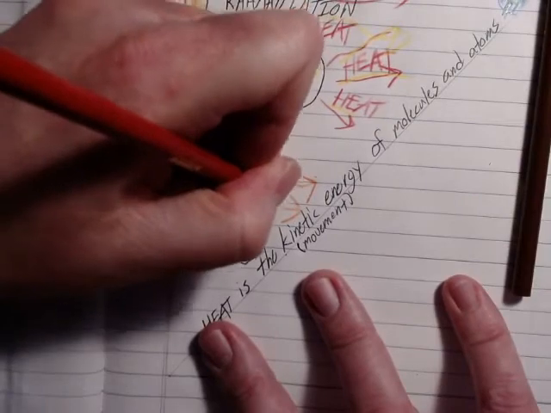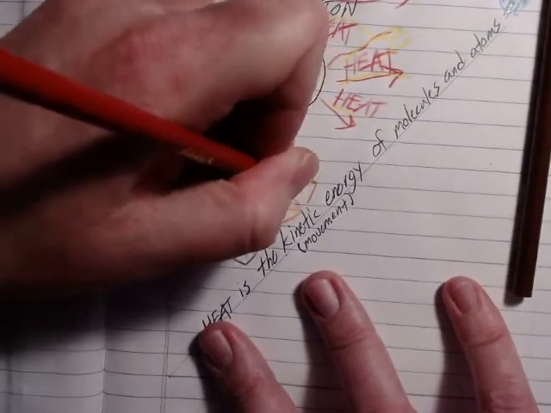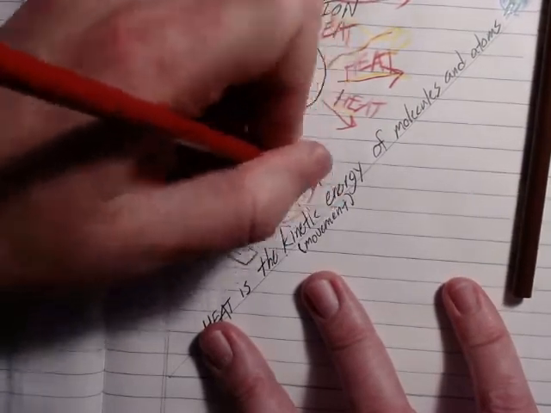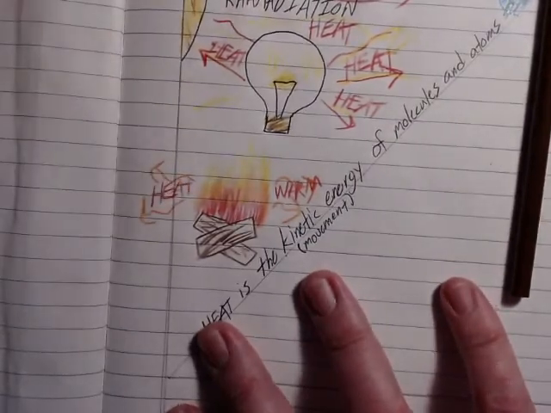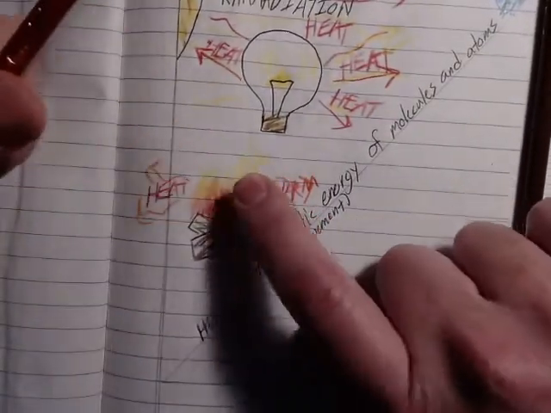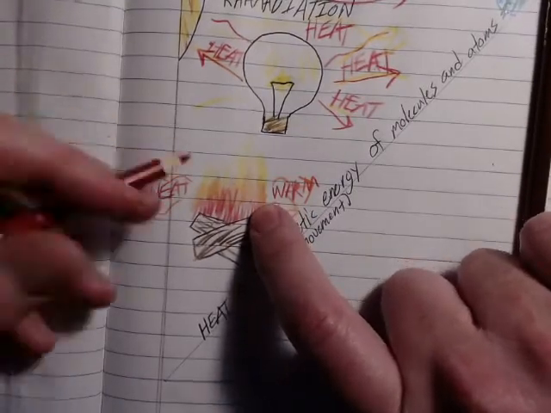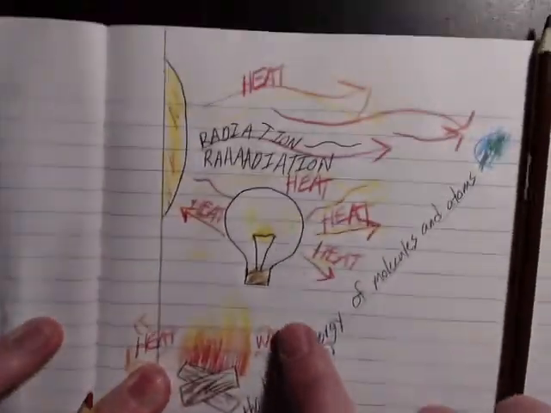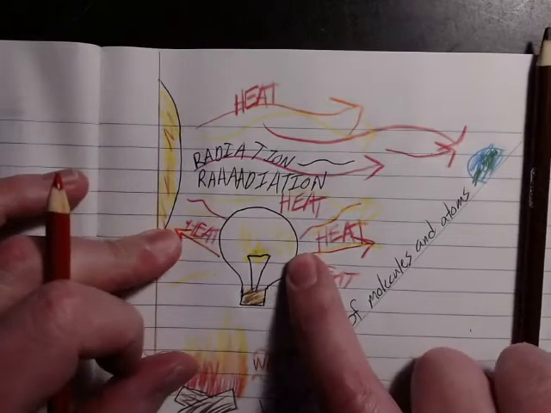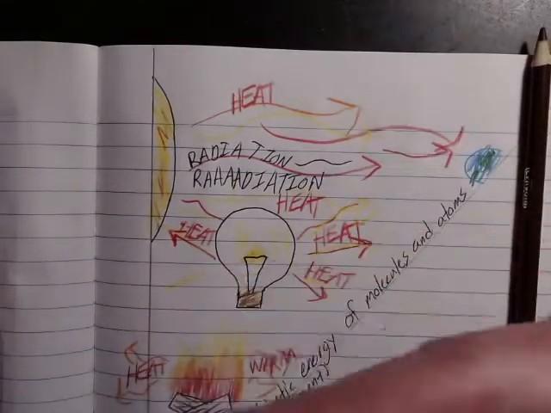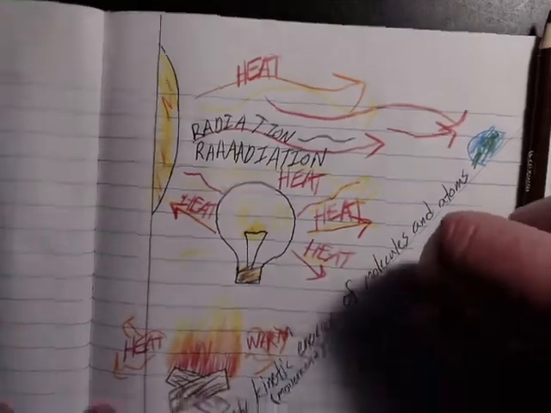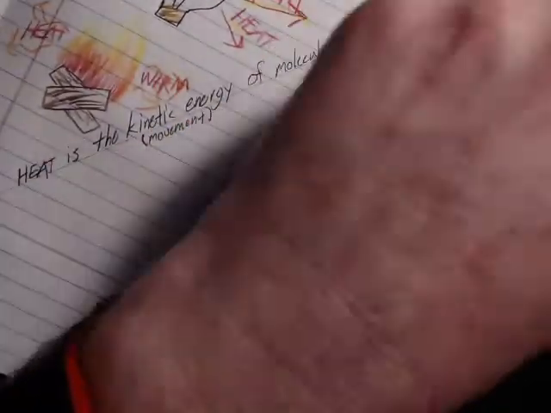If you've ever roasted marshmallows over the fire, you know that they can cook. But you also know that if you touch the fire, it burns your marshmallow. And we know that touching is not radiation. Touching is, look over there, touching is conduction.